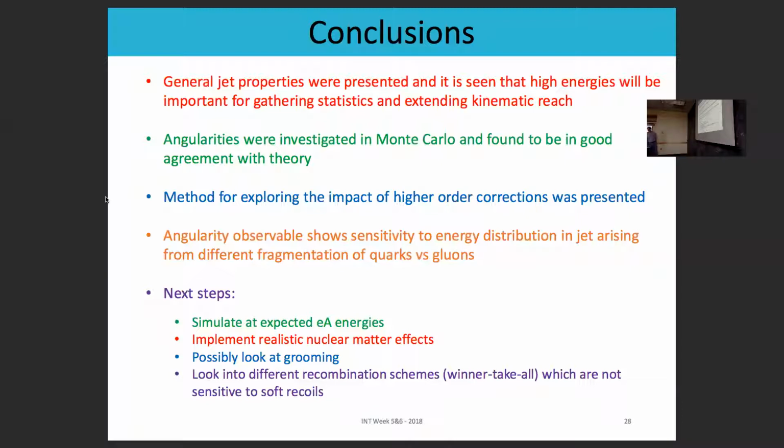So can I ask maybe a question related to what Larry was asking? It seems like there is a discrepancy between PYTHIA and theory, and that's without nuclear effects, right? This is just for protons.